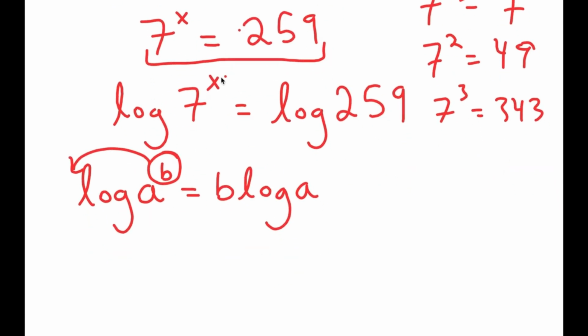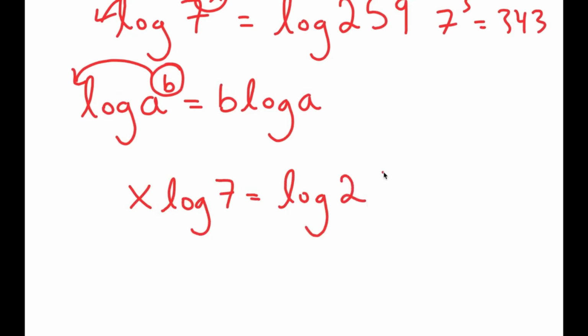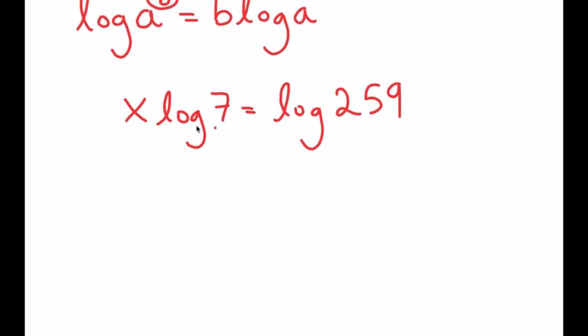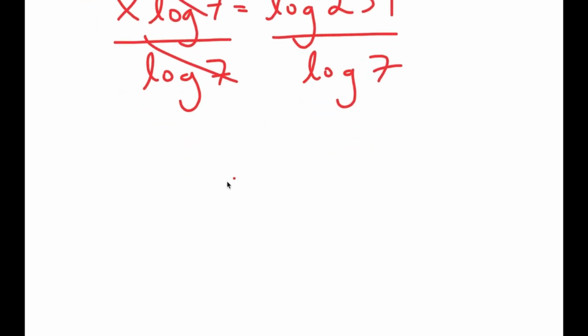So now, when we drop it down and make it a real term, it's much easier to solve for x. So now what I'm going to do is divide both sides by log 7. Then these two cancel out, and I get x is equal to log of 259 over log 7.